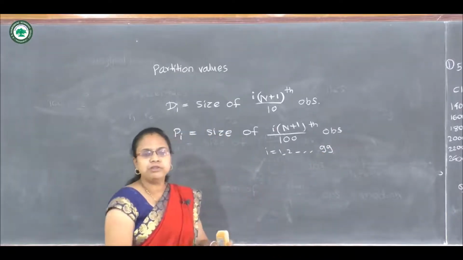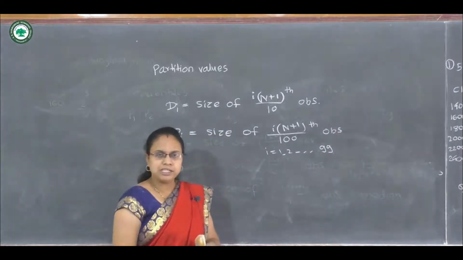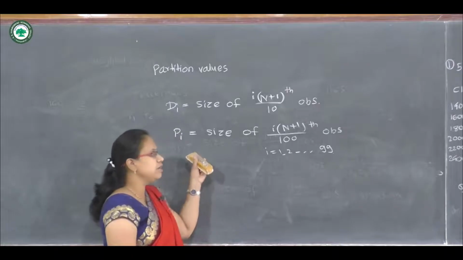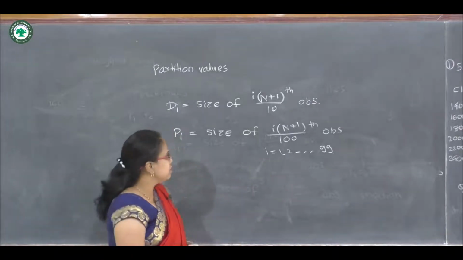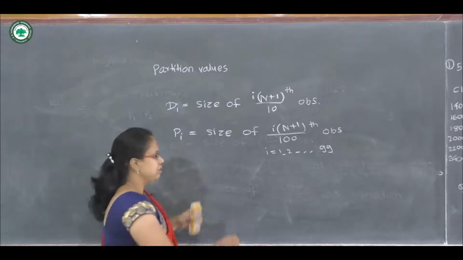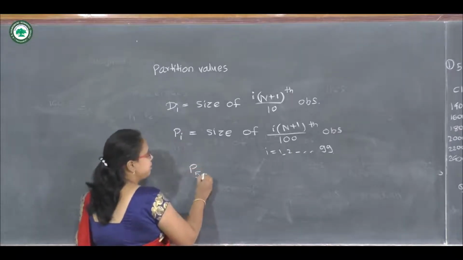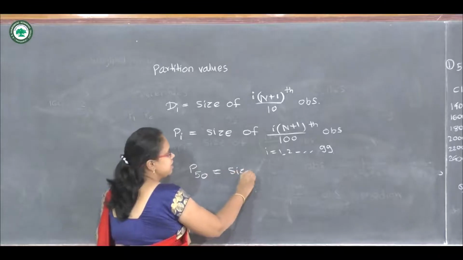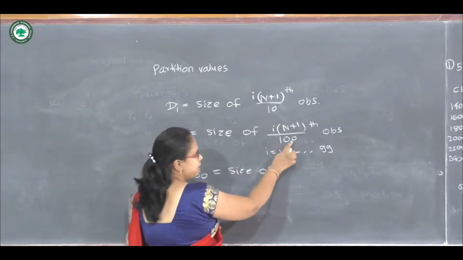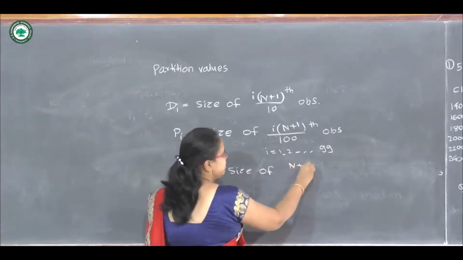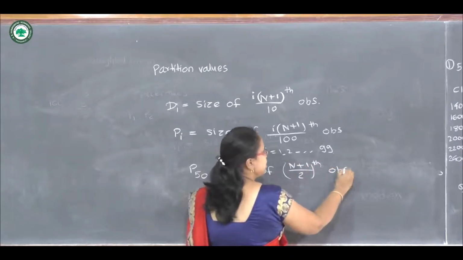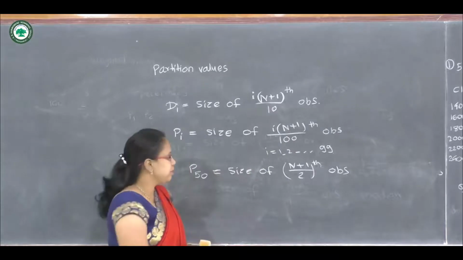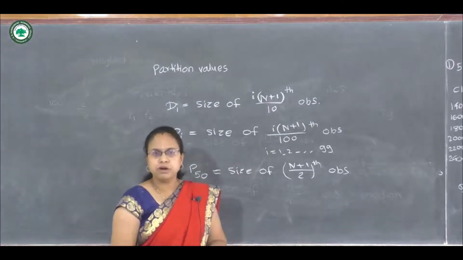So we will have 99 percentiles in our data: P1, P2, and so on up to P99. And one more thing: P50, for example, can be obtained by the size of 50 upon 100, which means n plus 1 upon 2th observation, which is the median, because it is the middlemost observation.